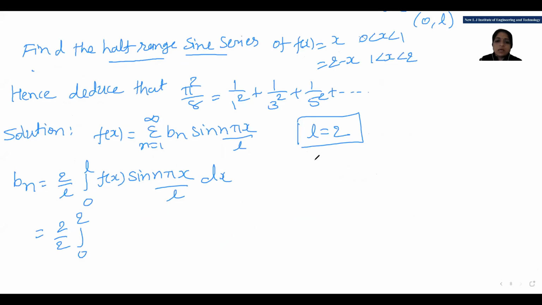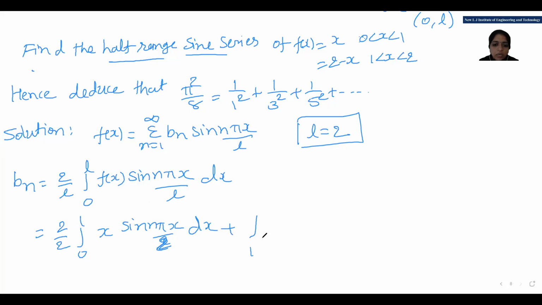Okay, here our L is equal to 2, right? Now what is our f of x? Here our f of x is a discontinuous function. So for 0 to 1, our integral is x, right? Sine n pi x by L, L is 2. So we keep 2 here.